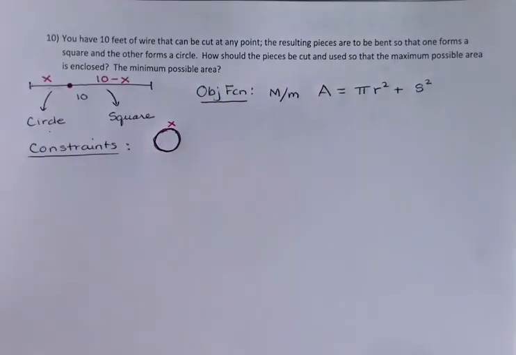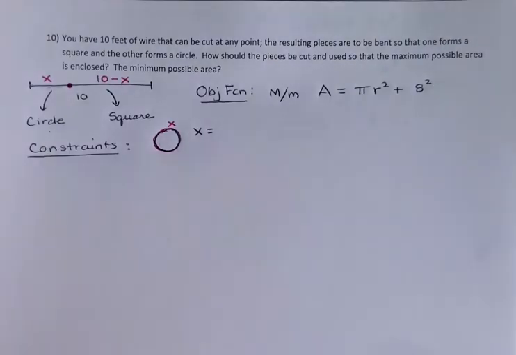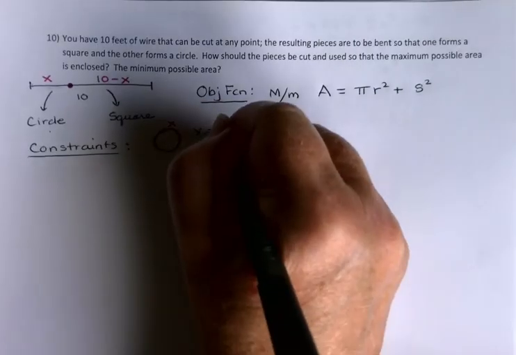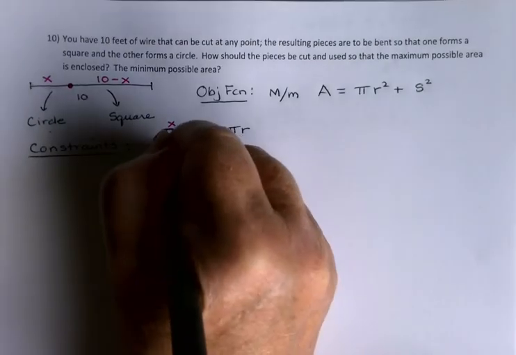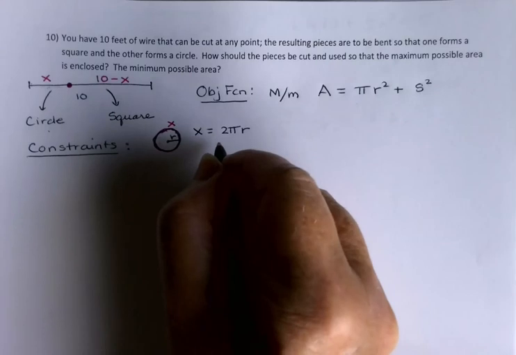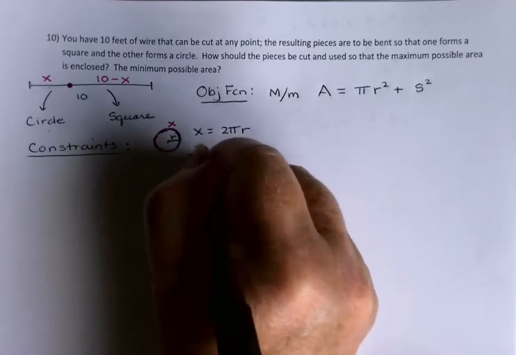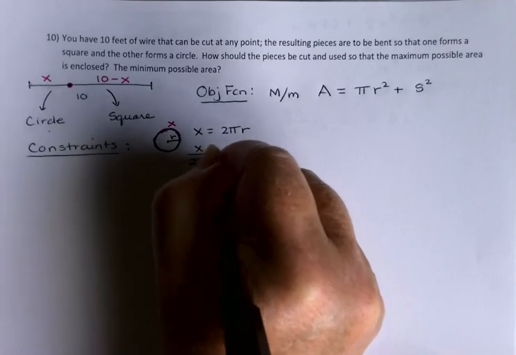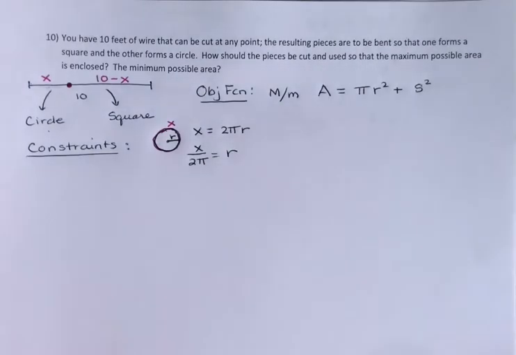So I know that the x is equal to the circumference. And the circumference of a circle, again, you either know or you can look this up in your geometry formulas, is 2 pi times the radius, if this is my radius. Okay. So I could say the radius is actually x divided by 2 pi. That's something I could plug in right there.